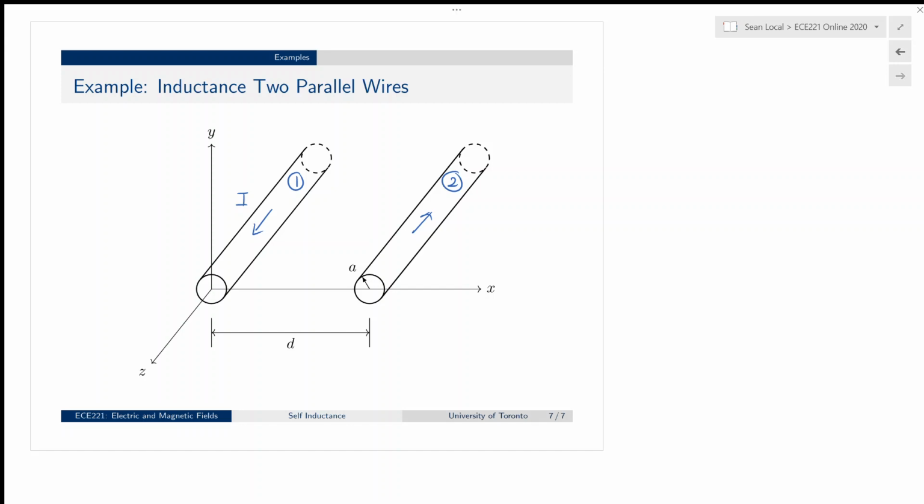So now let's write out expressions for magnetic flux density so that we can arrive at magnetic flux, which is what's needed for computing inductance. So wire 1 is fairly easy to analyze because it is along the z-axis. So we can just write verbatim what the magnetic flux density field is for that. So it's going to be mu I over 2 pi r phi hat.